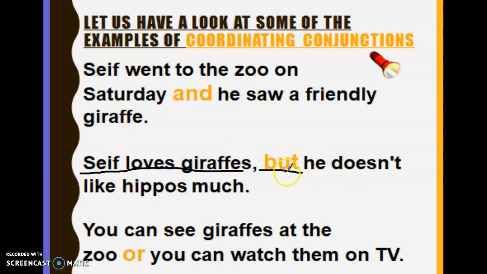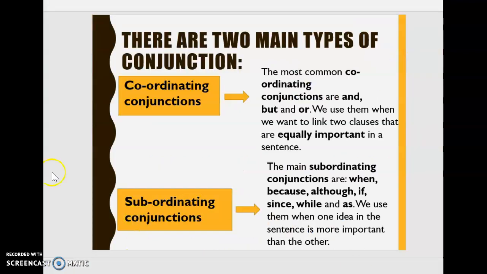This conjunction is linking this clause with the other: He doesn't like hippos much. This is one clause. This is the second one. Likewise, you can see the third example also, which talks about coordinating conjunction. Okay.